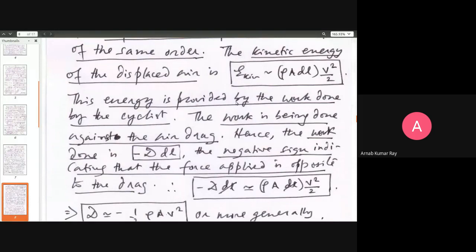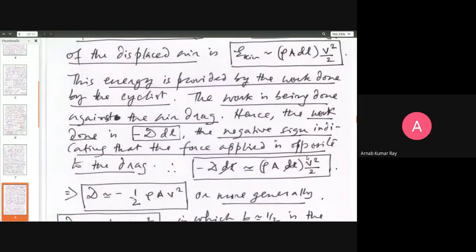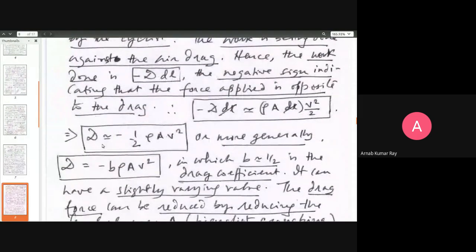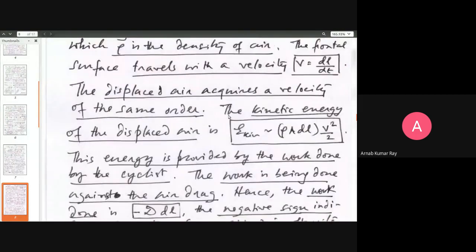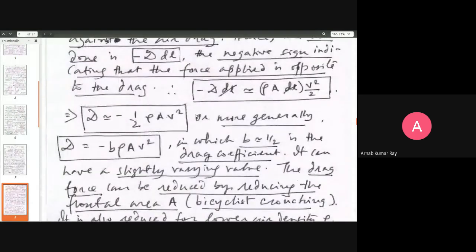So you just make an approximate balance of the two quantities. So minus capital D into dl is equal to rho a small dl v squared. The two dl's will cancel from both sides, and the drag force is approximately equal to minus half rho a v squared. We have made several approximations here, so we shouldn't put too much faith on this number half.